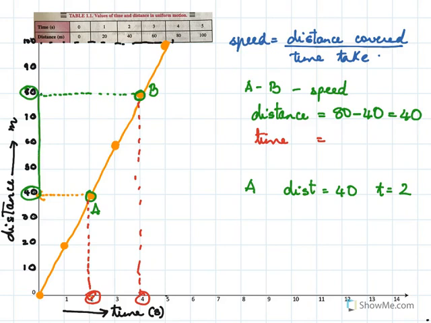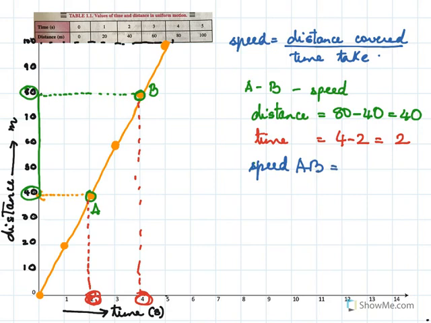And the time taken was from 2 seconds to 4 seconds, so 4 minus 2, and that will be 2. So speed from A to B is distance over time, 40 meters over 2 seconds, and that will be 20 meter per second. That is the speed from A to B.